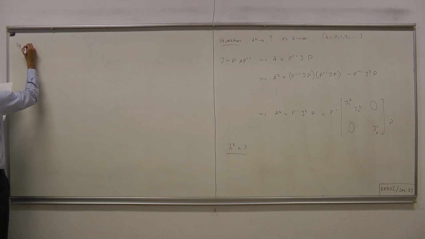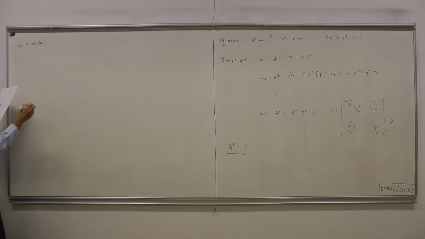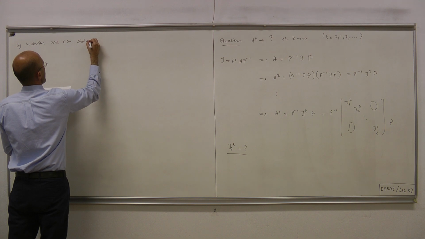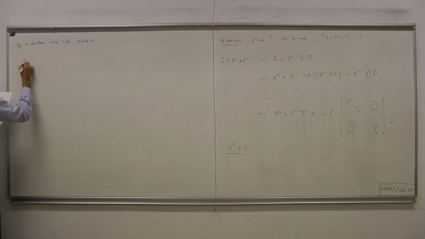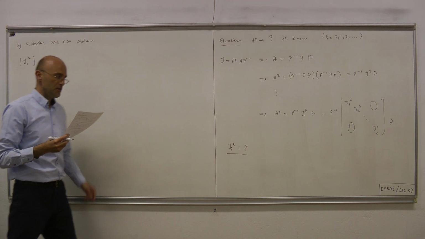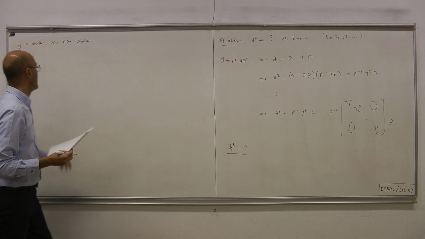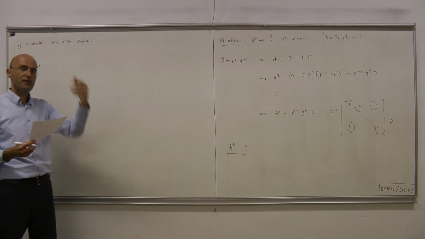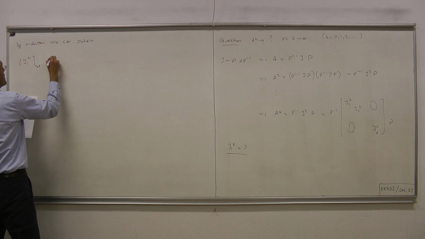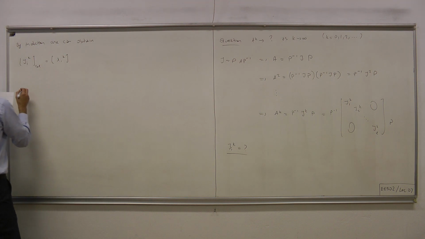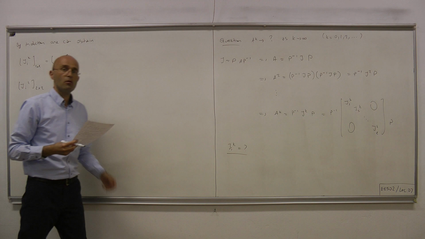By induction, we can write the following. If Ji, the ith Jordan block, is a 1 by 1 block, in other words a scalar, then its kth power is simply that scalar raised to the kth power. There's nothing interesting or difficult about that. How about Ji to the k for the 2 by 2 block?